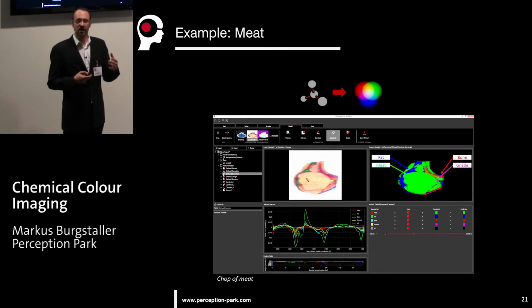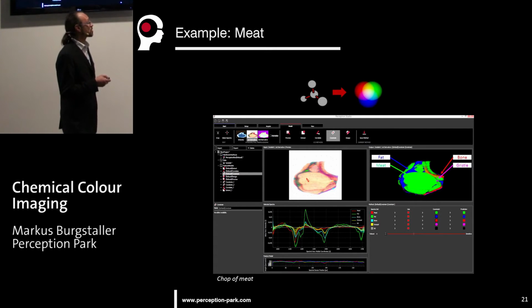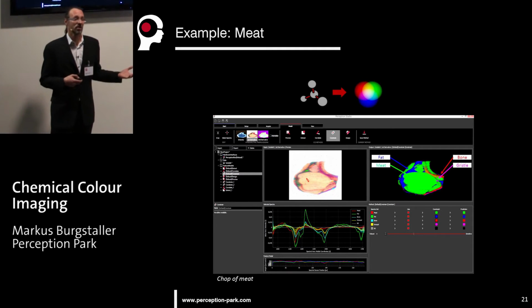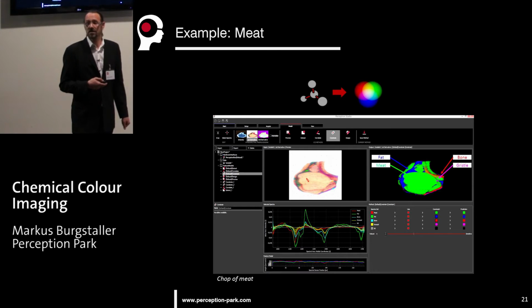I think we need an information channel that transports the information bone or similar to bone and similar to fat and so on. What we have done here is a characterization of fat in blue color, bone in red color, crystals in magenta, and the meat in green color. So that could be the output image of such a camera, and with machine vision it is then really easy to classify, of course.